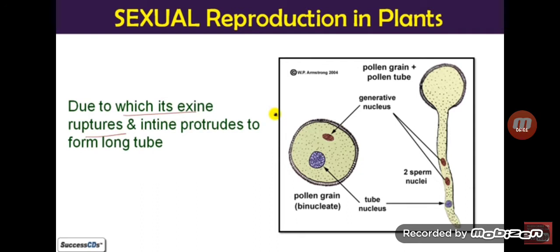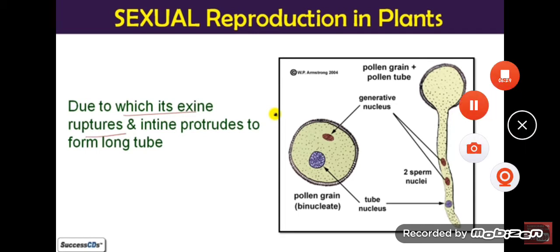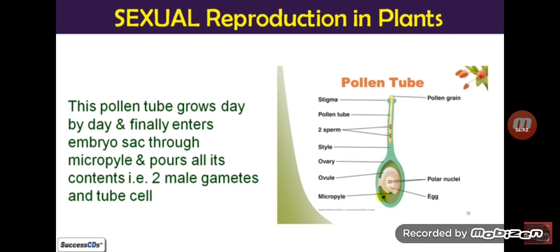The exine, or the outer covering of the pollen grain, ruptures and the intine, or the internal part of the pollen grain, protrudes to form a long tube. In this figure, you can see that the intine from the inside becomes a tube-like structure carrying nuclei. This pollen tube grows day by day and finally enters the embryo sac through the micropyle.